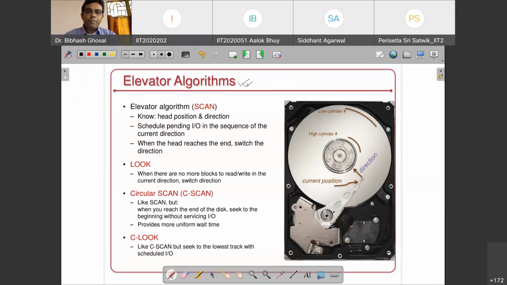Suppose you have pressed an up or a down button on the lift. Now, if you are on, let's say, the fifth floor and you want to go down, you press the button to go down. And now somebody in between, let's say at floor number 3, presses the button to go up to floor number 4.